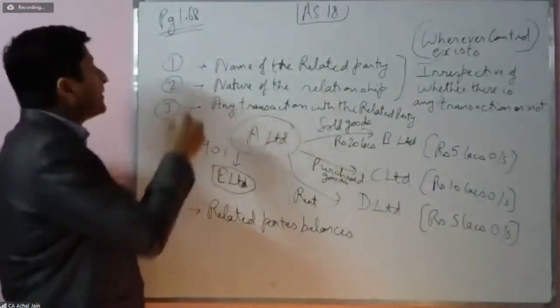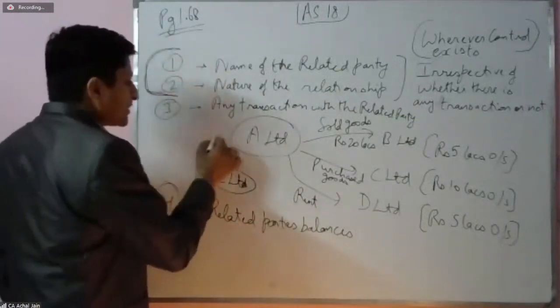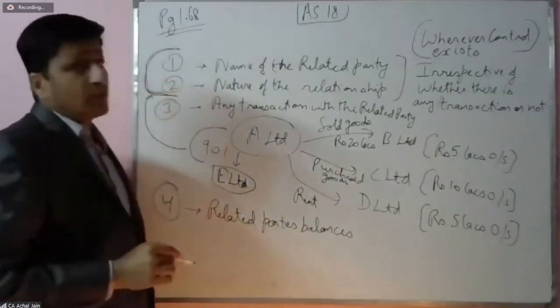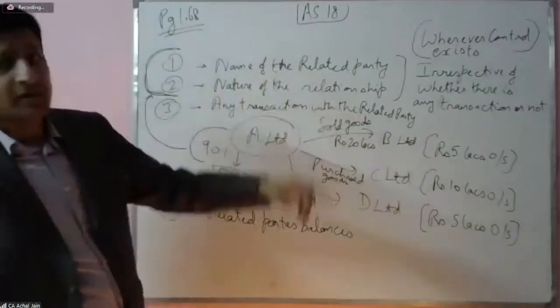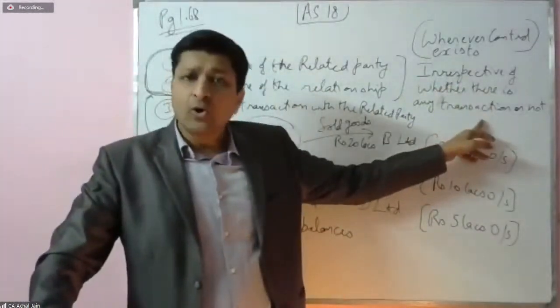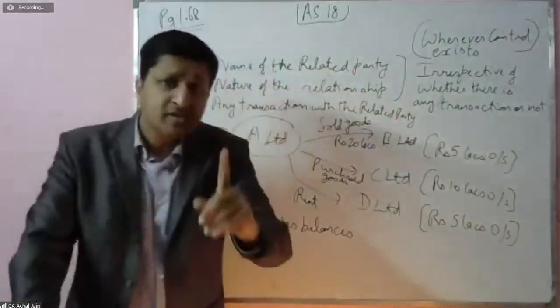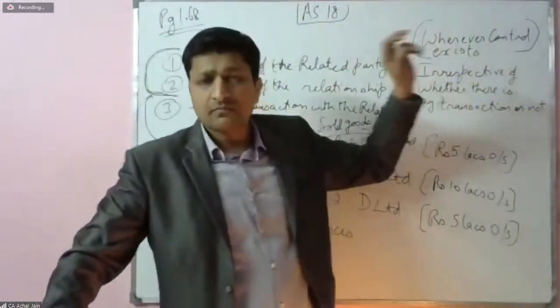Still, these two disclosures are required for this type of relationship. What are those two disclosures? Name of the related party, nature of the relationship. So irrespective of whether there is any transaction or not, these two disclosures will always be given wherever control exists.